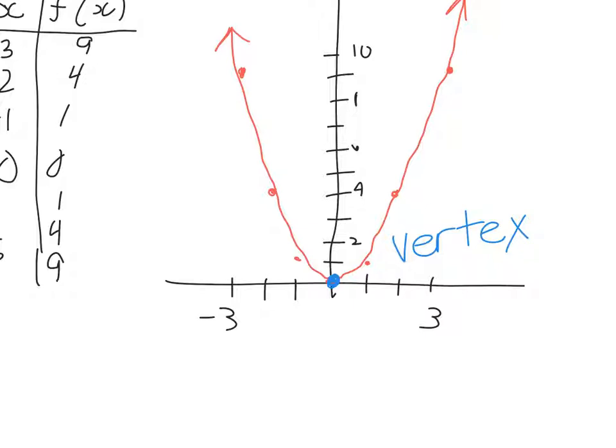Also, because we're squaring, and all negative and positive numbers, when we square them, become positive, all parabolas are symmetrical. And this one is symmetrical right down the middle. So if we put a mirror on the y-axis, we would create the same shape of our parabola. So this is called the axis of symmetry.